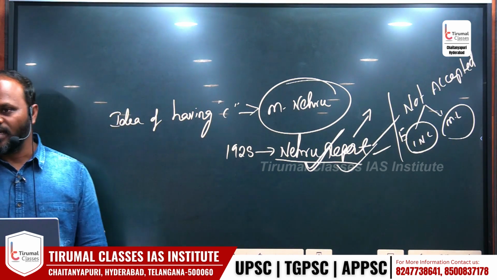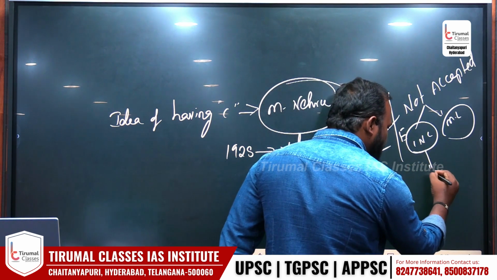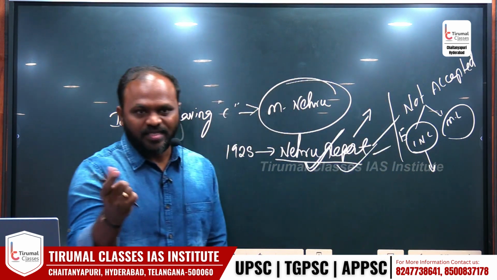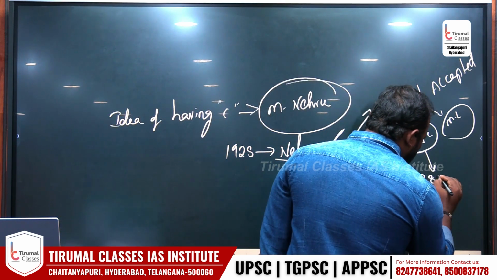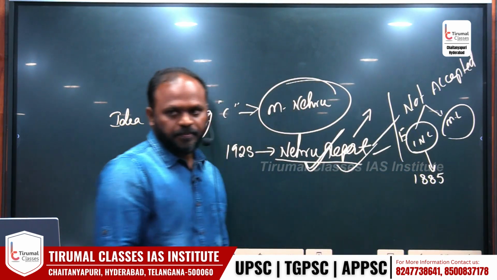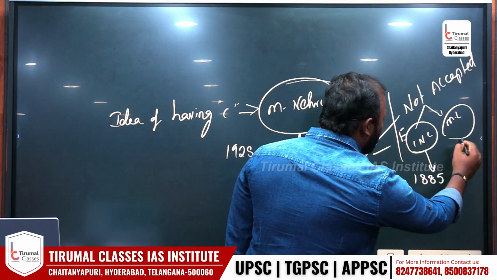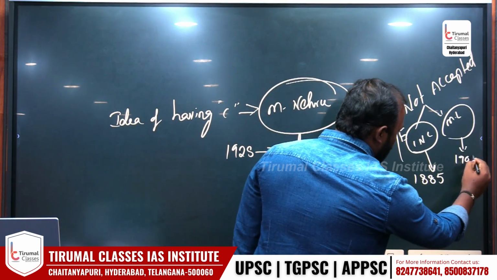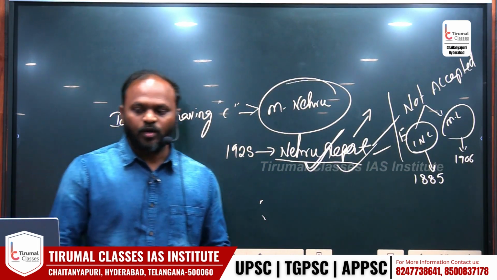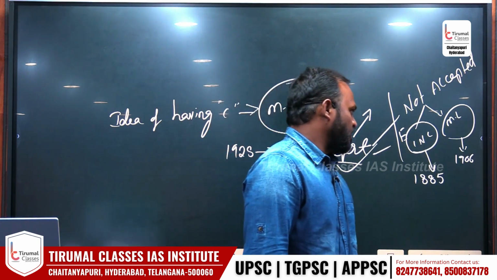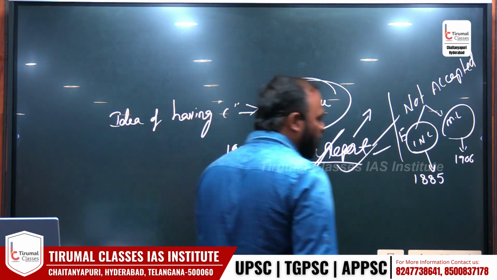When I say Indian National Congress, listen carefully, I need to talk about a few things about it. The Indian National Congress was created in the year 1885. The Muslim League was created in 1906. Both were created with the help of the Britishers.